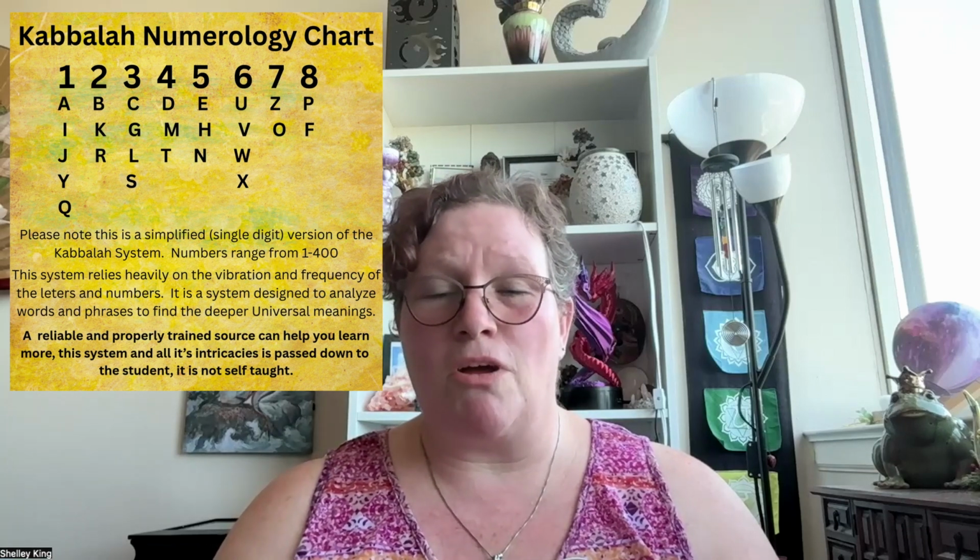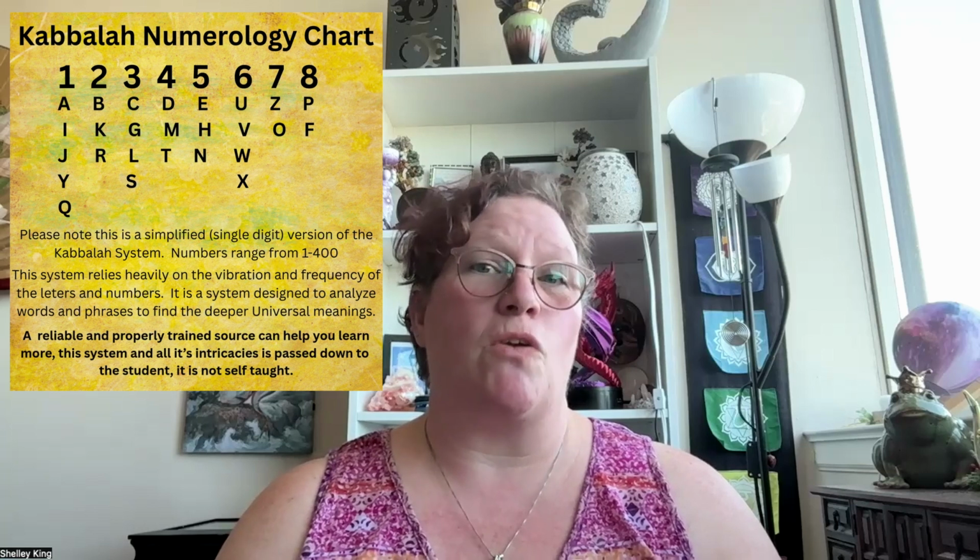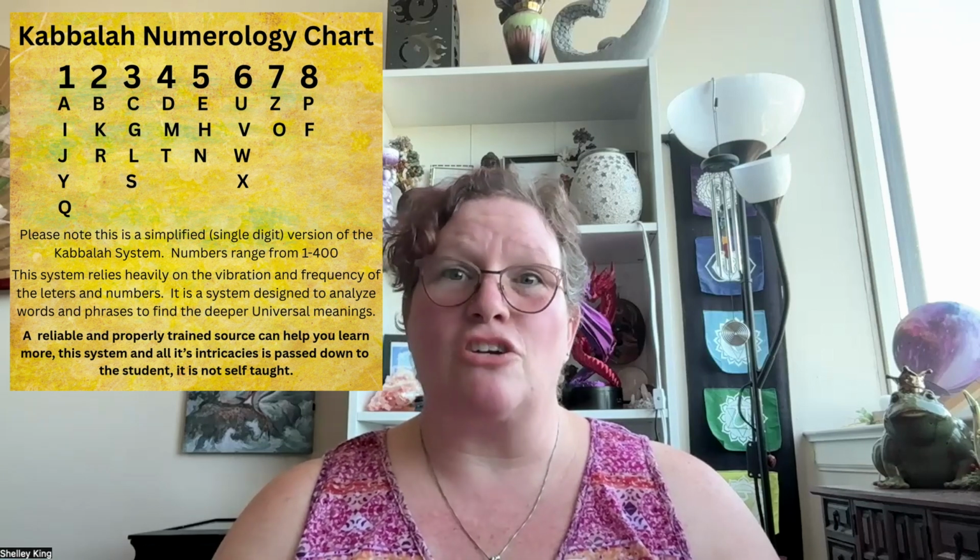So it's still 1 to 8. But I've broken it down so the 40 or the 400 became a 4. So in numerology, a T is actually 400. The S is actually 300. Okay, so, you know, something to look at. Very unique, very different.